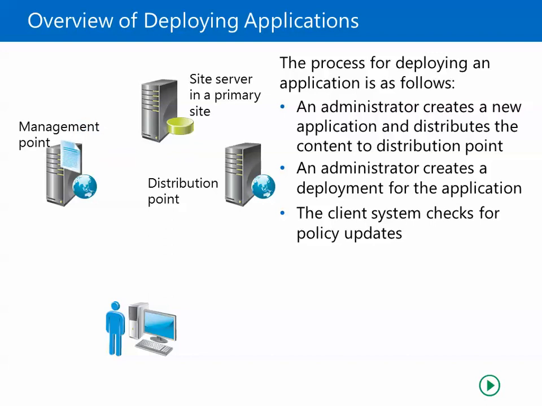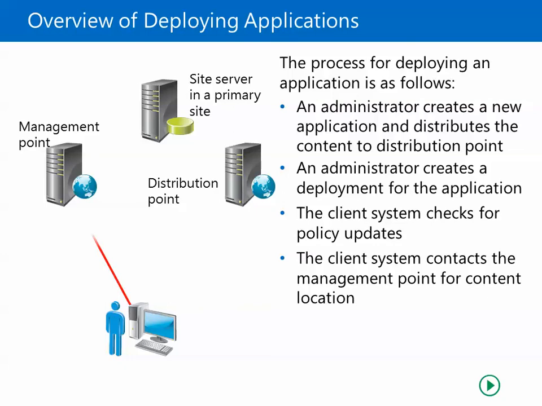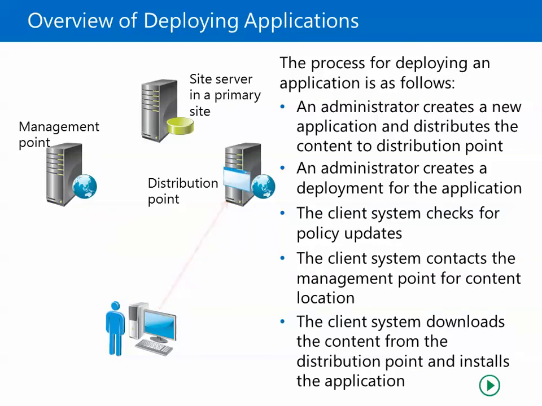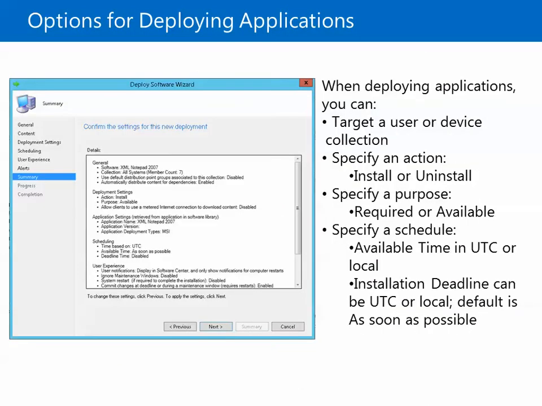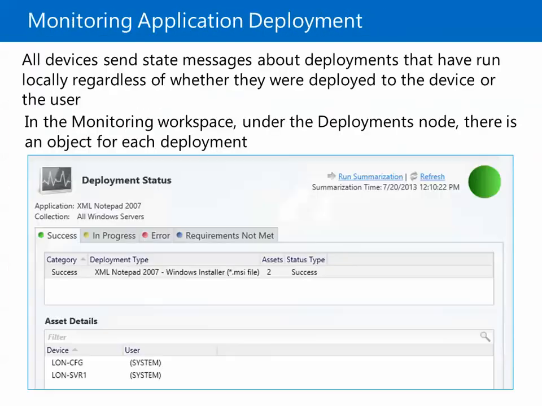Once the policy is received, the client will contact the management point asking where the content is. The management point will say this is the DP server you are associated with, contact it and it will give you the content. So the client system downloads the content from the distribution point and installs the application. Clear? This is your wizard.